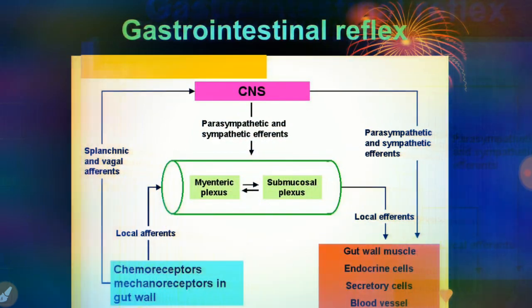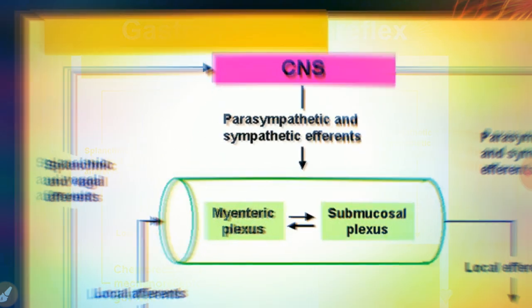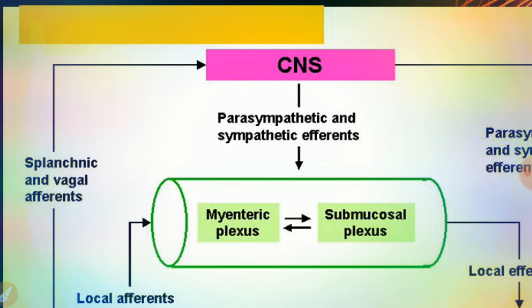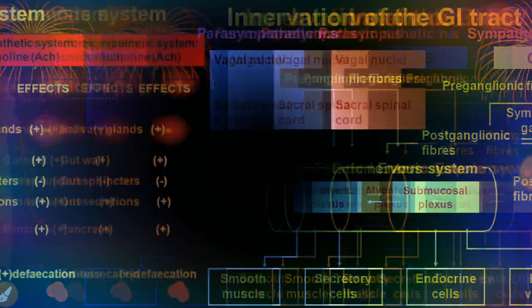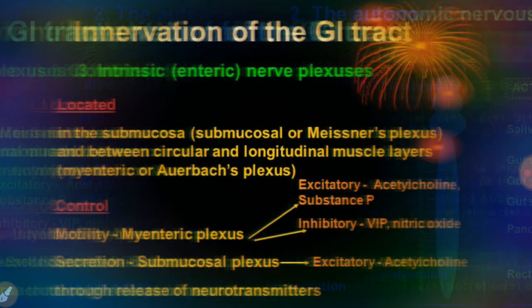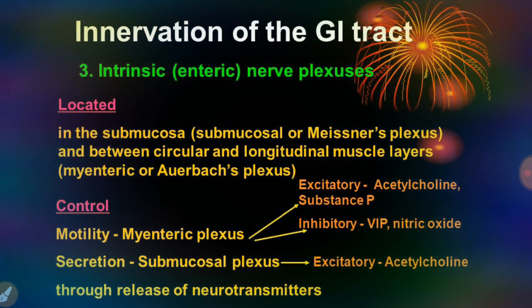According to the enteric nervous system and the sympathetic and parasympathetic plexuses we have seen, followed by the reflexes, the preganglionic fibers, the autonomic nervous system, and the intrinsic enteric nervous system.